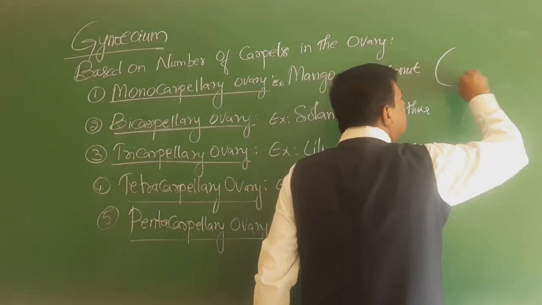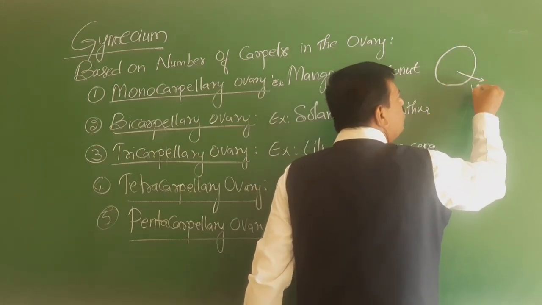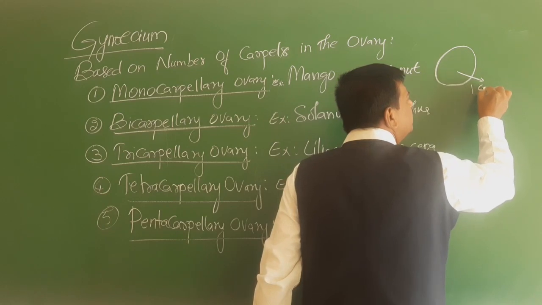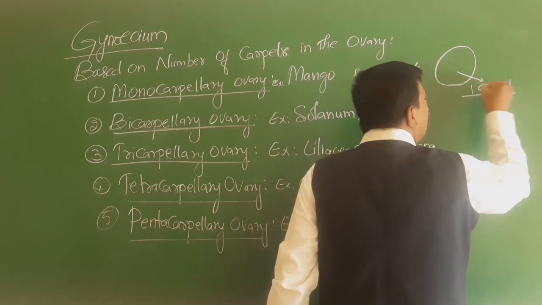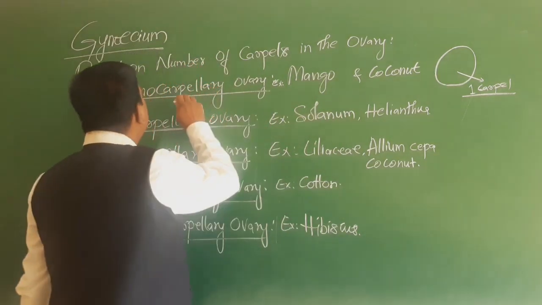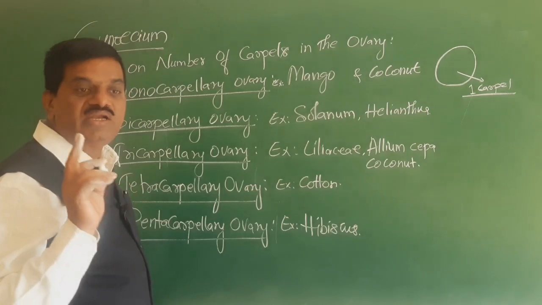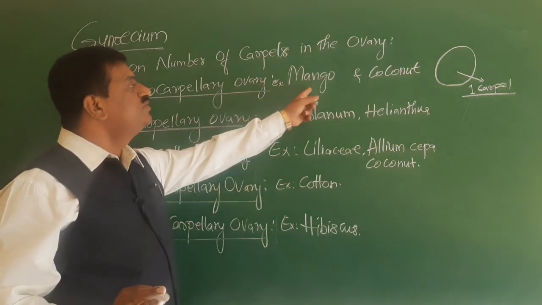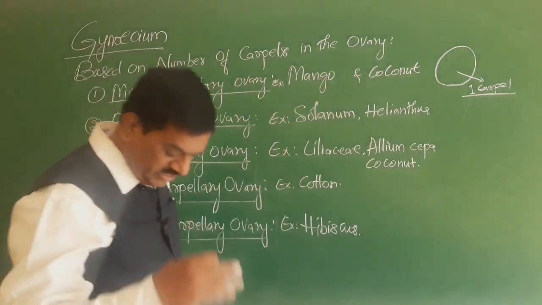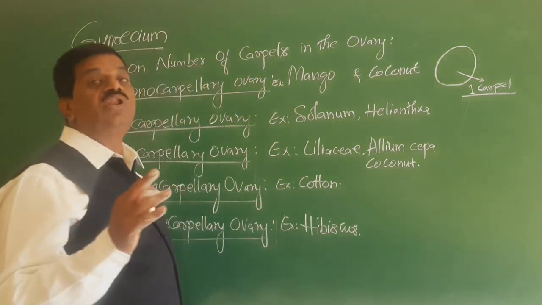When you take an ovary, inside this ovary there is only one carpel. For that we use the word monocarpillary. Monocarpillary means only one carpel. Example, mango and coconut.